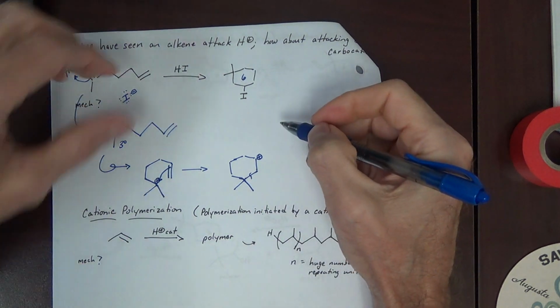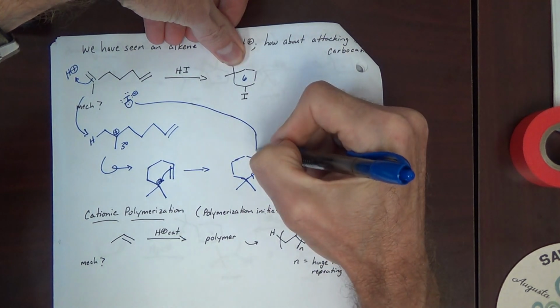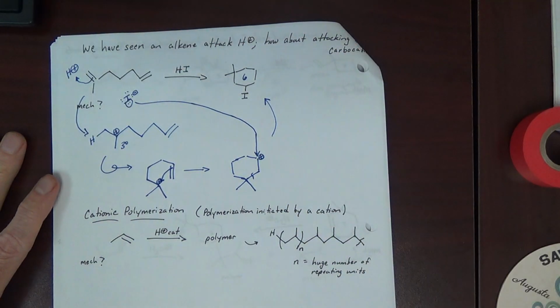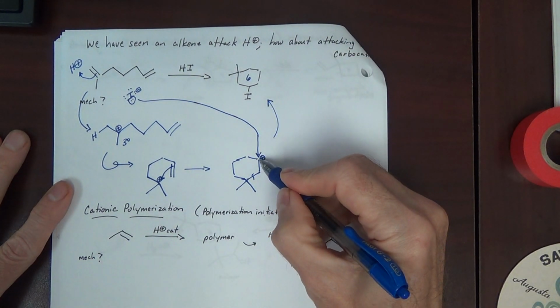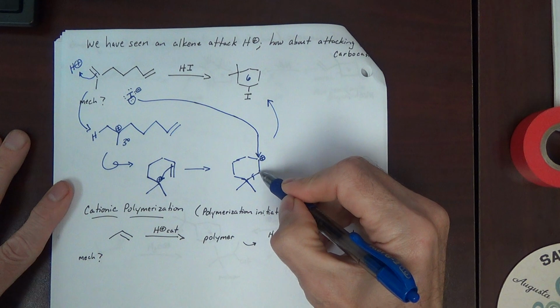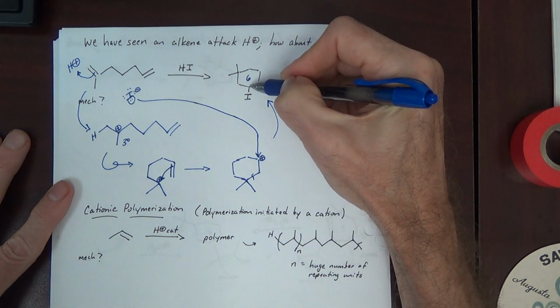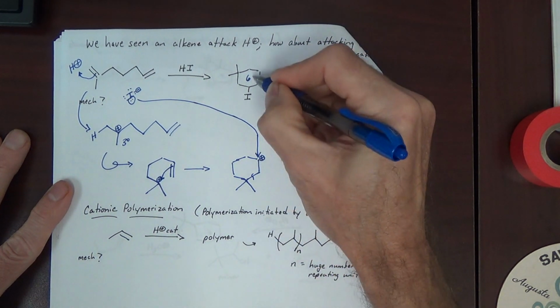Now from there, how do we get home? Well, now that I- attacks here, and that gives this product. It's just rotated. The iodine is 1, 2, 3 carbons away, 2 methyls. 1, 2, 3 carbons away, 2 methyls. With an iodine here, it's the same compound.